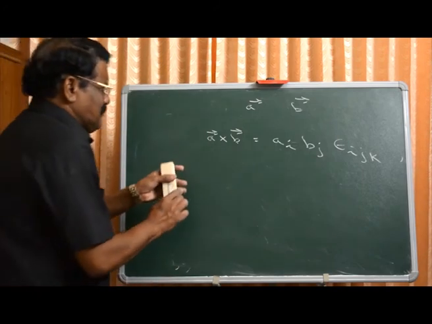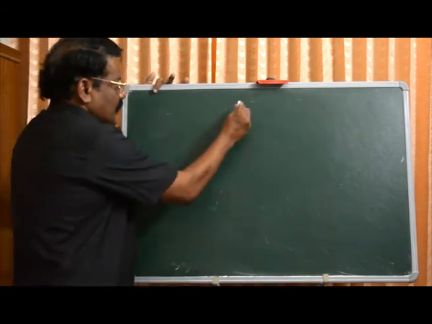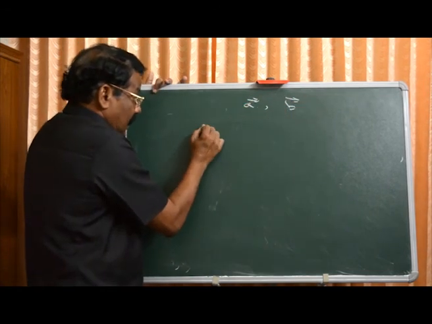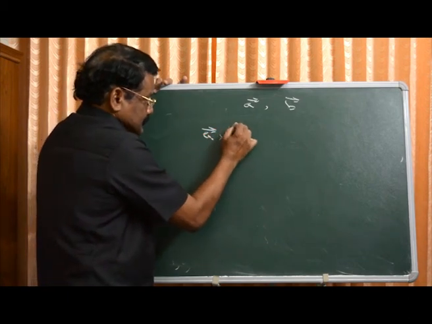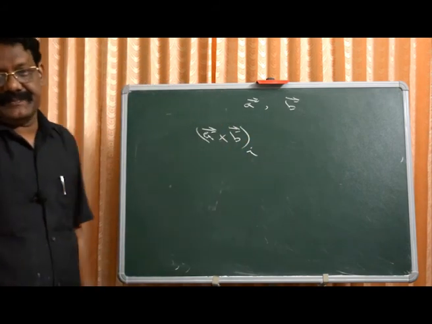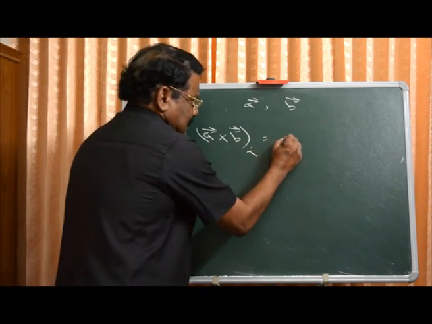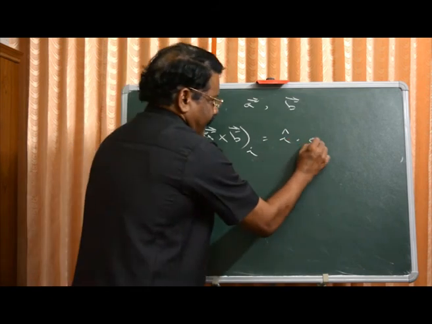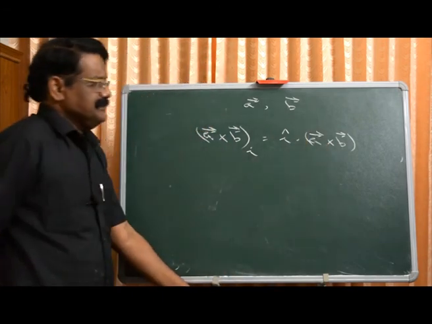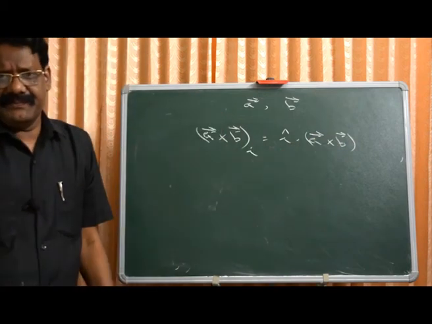Or let me do it in a different way. I have two vectors A and B. I want to find out the ith component of A cross B. To find out the ith component of A cross B, what we do is, it is equal to i dot A cross B. Ith component of A cross B means i dot A cross B. Obviously, everybody knows.